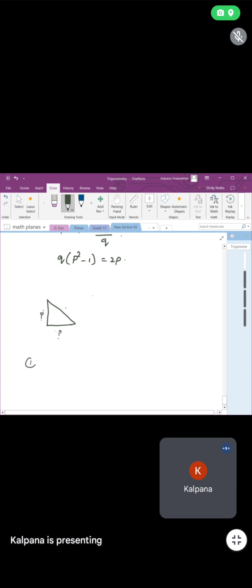First question. A tower stands vertically on the ground.